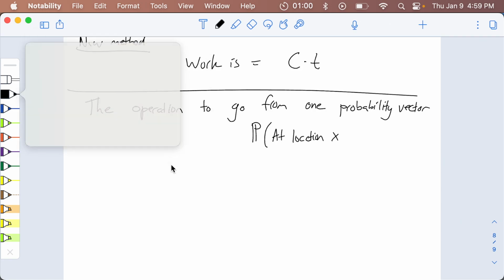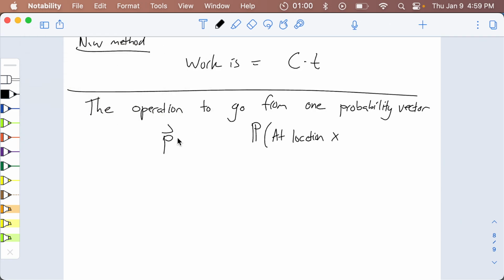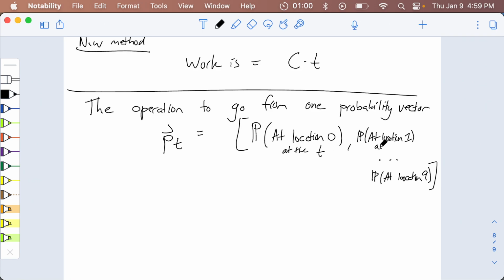Let's call it p sub t. Why is it a vector? Because you can be at location 0 or at location 1, all the way up to location 9. I guess they're squares, maybe I could have called them squares. So it's a vector of length 10 at time t.